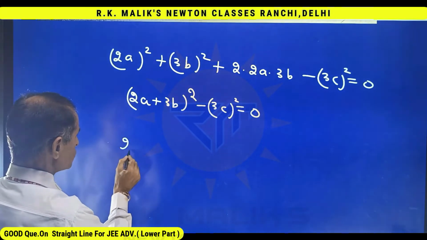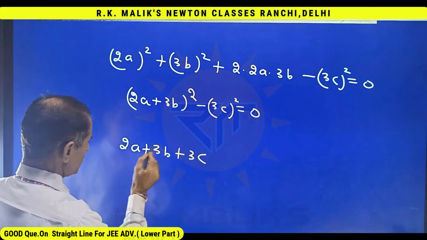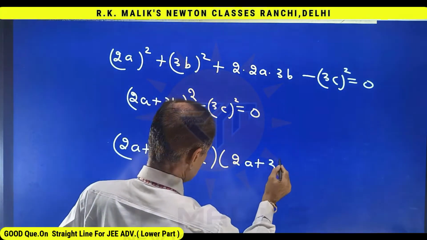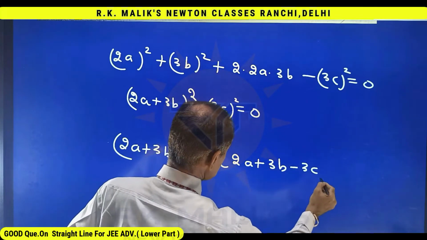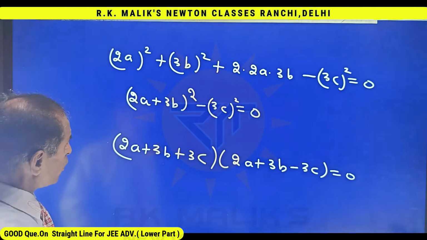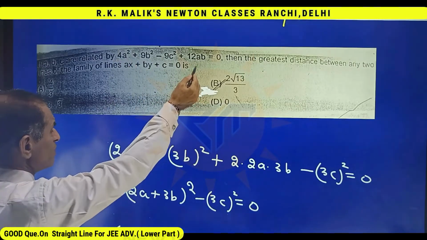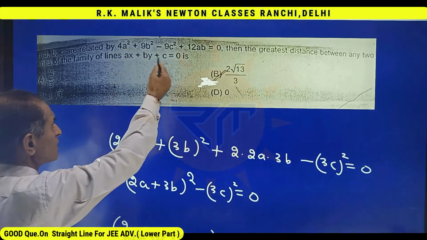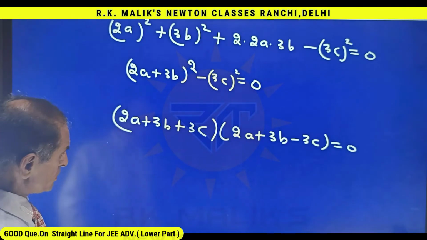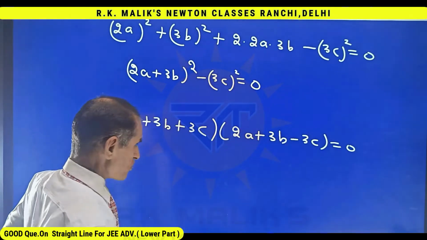That is, I can say (2a plus 3b plus 3c) into (2a plus 3b minus 3c) equal to 0. That is, all the values of a, b, c which satisfy this given equation will make the left hand side 0. For all those values of a, b, c, either this part will be 0 or this part will be 0.